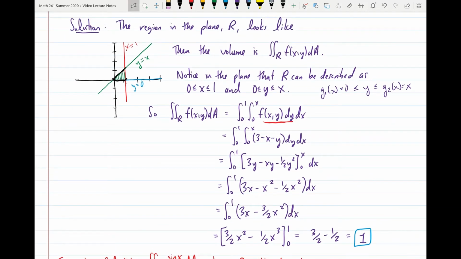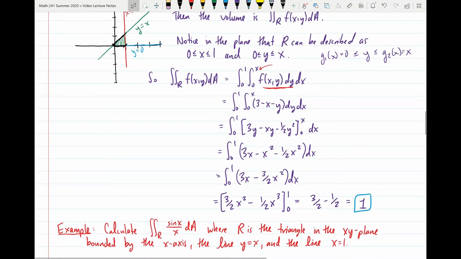Another way to remember this is that if your limits of integration for that inner integral are given in terms of x, then you're going to be integrating in terms of y first. If those limits of integration are given in terms of y, then you'll be integrating with respect to x. So that's another way that you can remember it.